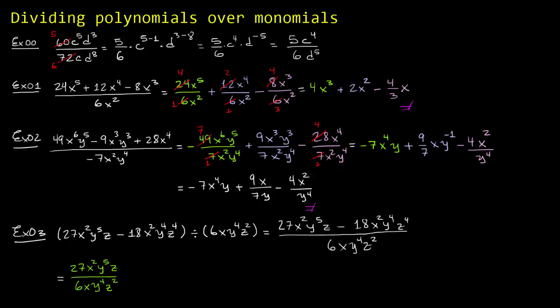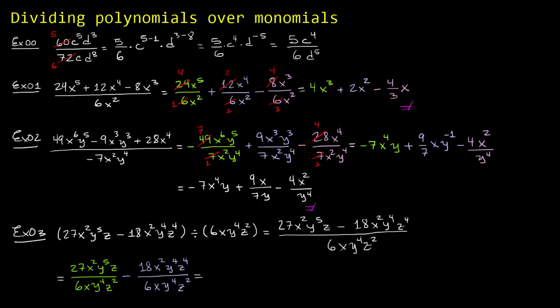Now the second one is going to be negative over positive, so I will make it negative. Here comes 18 times x squared y to the fourth times c to the fourth over 6 times x y to the fourth c squared. And we got to proceed to simplify this.